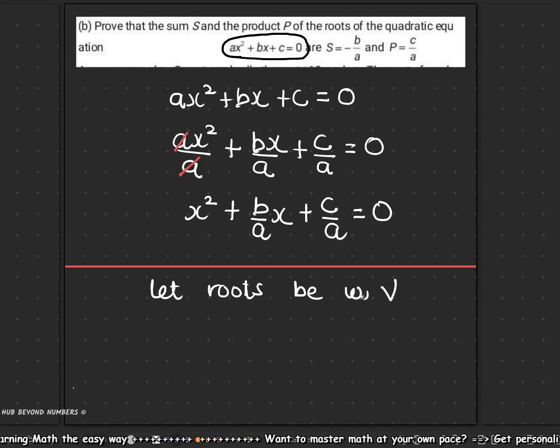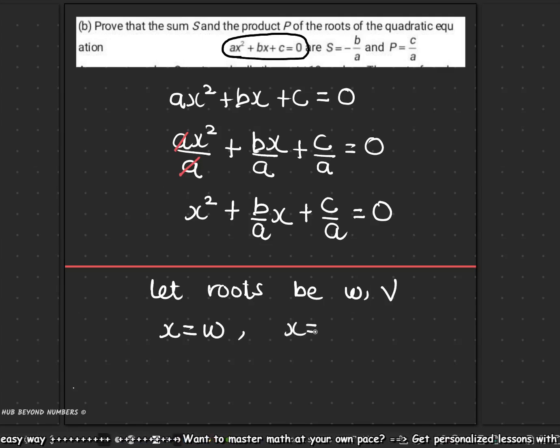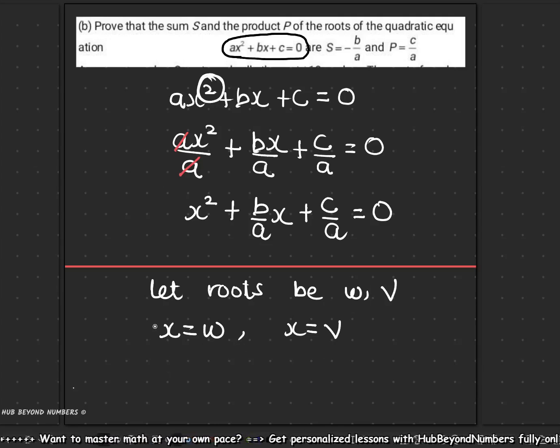So if you are letting the roots be w and v, then what this means is our x is equal to w, and then our x is also equal to v. Because it is a quadratic, and quadratics have what? Two roots. Now, we are going to undo all the factorizations and simplifications we did before getting these roots.